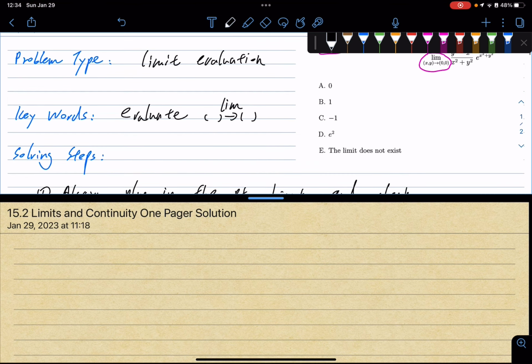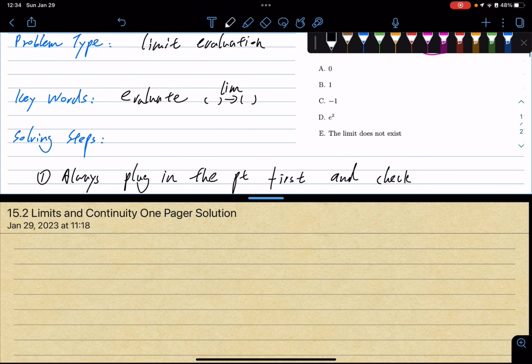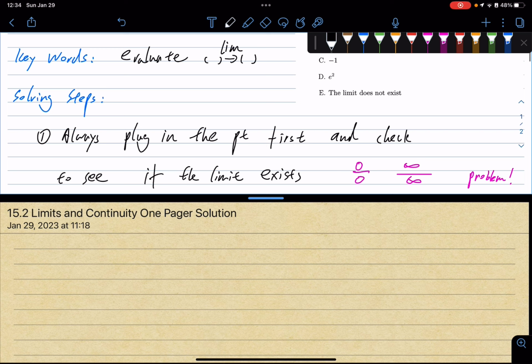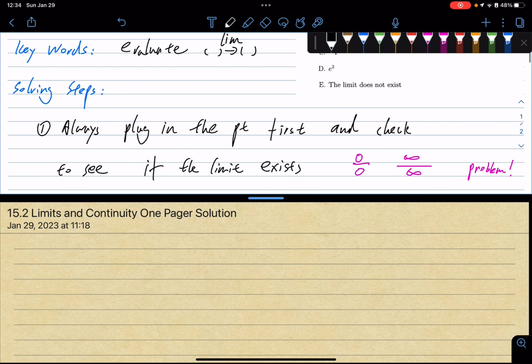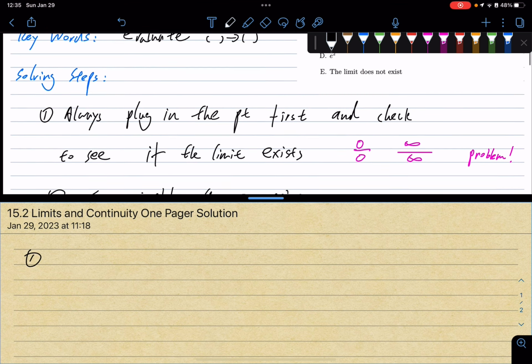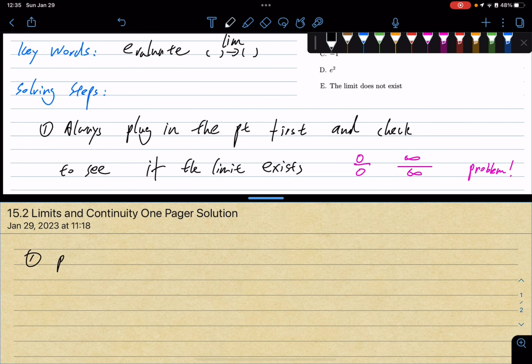So the first step, I would say, is always to plug in the point first. The point that they want you to evaluate the limit at, and check to see if the limit actually exists. If it exists, you don't have to follow the rest of the process. Your problem is already solved. But if you run into 0 over 0 or infinity over infinity, that's a problem for us. So the first step we're going to take is to plug in.